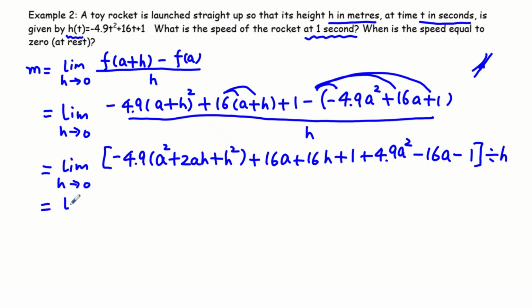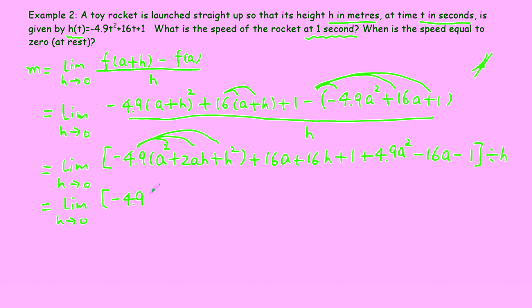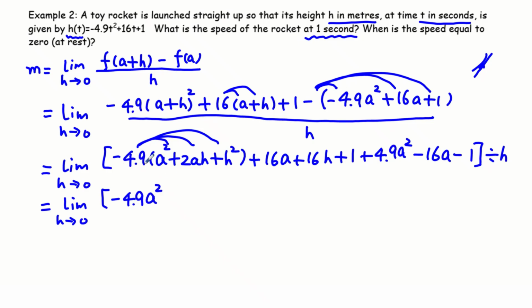Then limiting value when h approaches 0, we are going to collect the like terms. Before that, we still have 1 bracket we need to get rid of. So negative 4.9 times each term inside the bracket. So negative 4.9 a squared, negative 4.9 times 2 gives you negative 9.8ah.